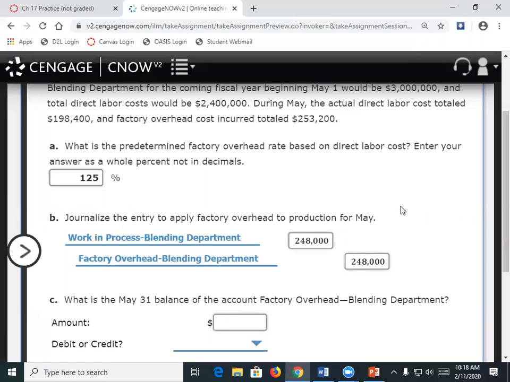And then they give us our actual factory overhead costs incurred, 253,200. So our actual is 253,200, and our applied was 248,000. Did we over or under apply? Under, very good. We applied less. How much less? 5,200.